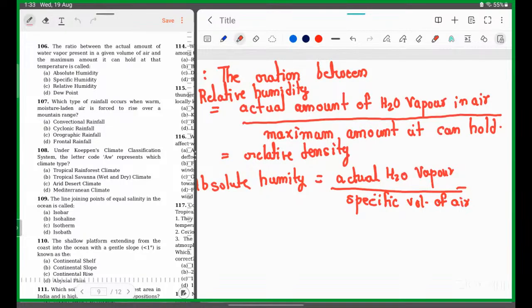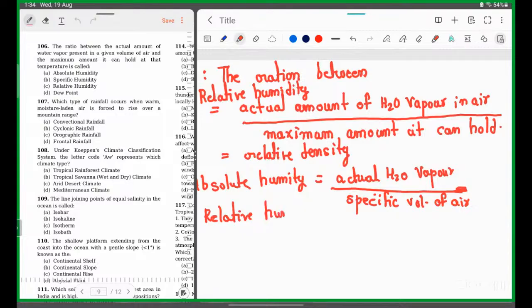So how many water vapor are present in a certain volume of air, that is known as absolute, and relative means the maximum water a given volume of air can hold, that is known as relative humidity.